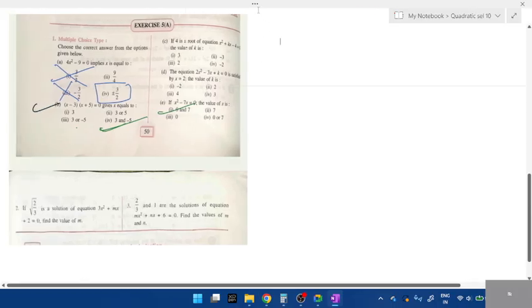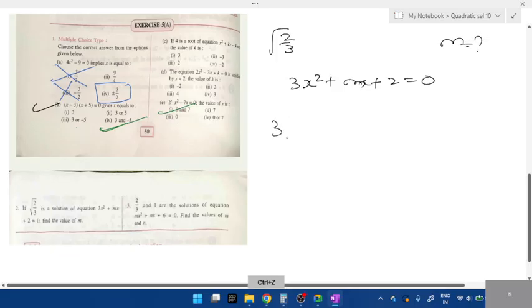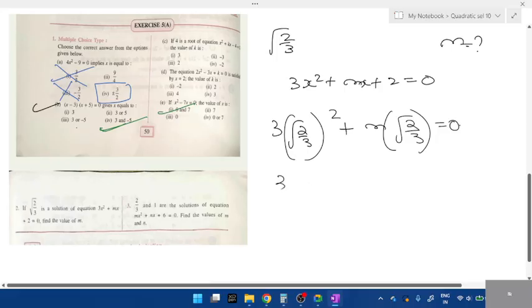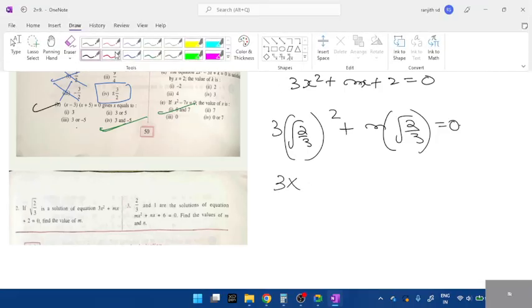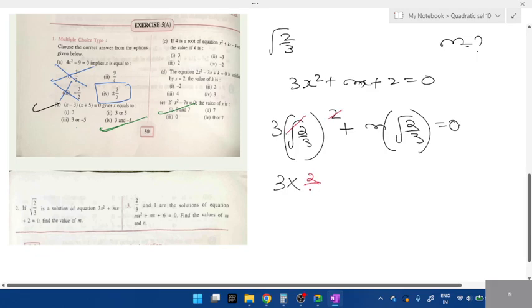Okay, complete this, students. What is given here? If 2 by 3 is a solution, what do you mean by solution? You have to substitute, right? Find m. Yeah, solve this question. Root and root will get cancelled.